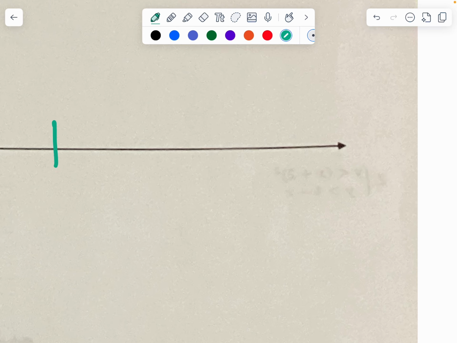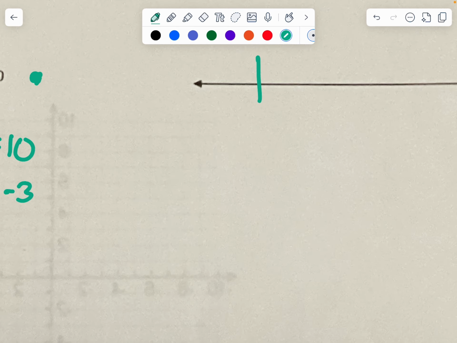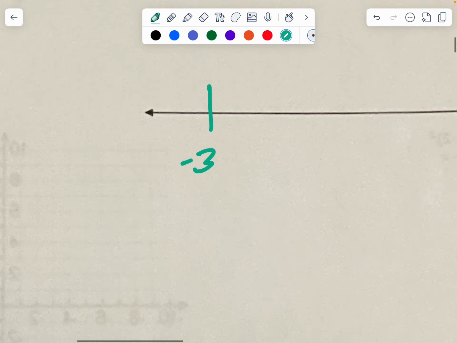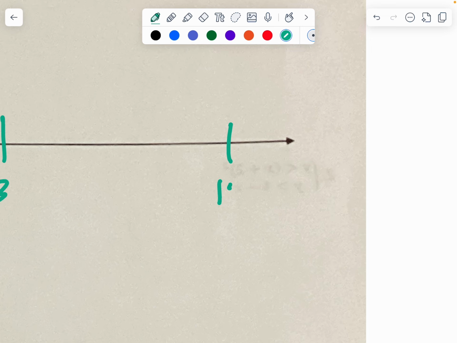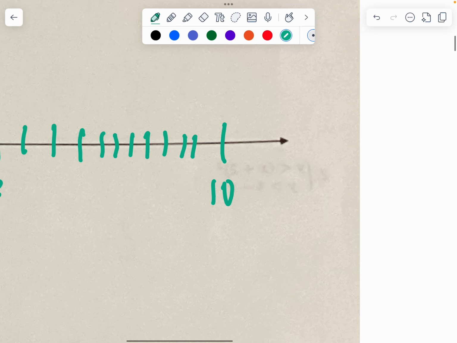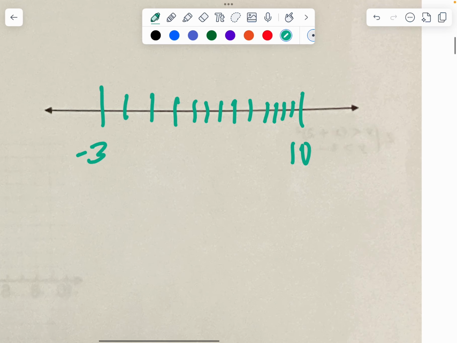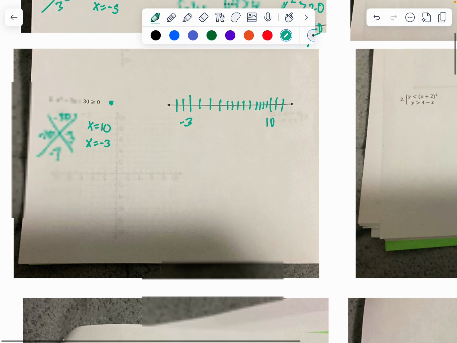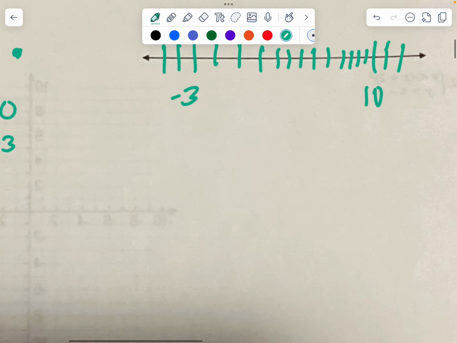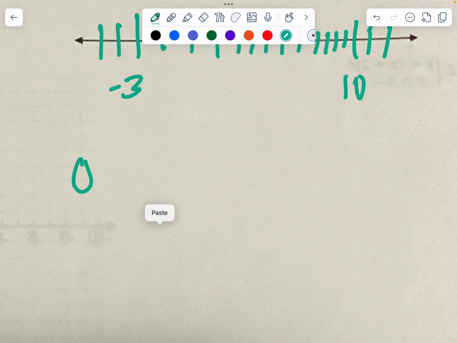So this is going to be negative 3. This will be 10. And we'll go negative 2, negative 1, 0, 1, 2, 3, up through 10, then negative 4, negative 5, 11, 12. Now we have test points. So I'll pick 0, negative 5, and 12.